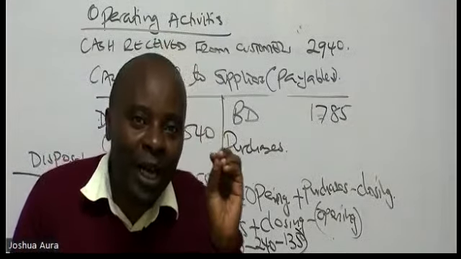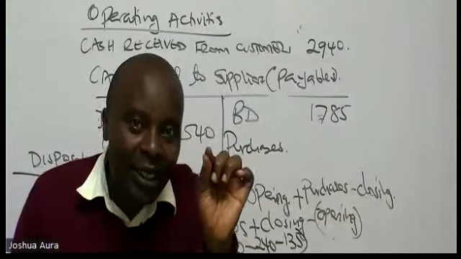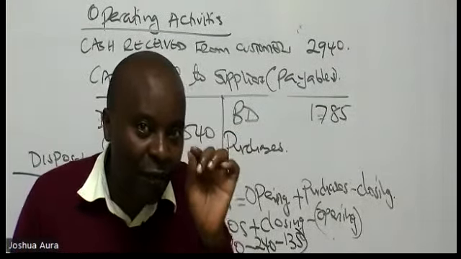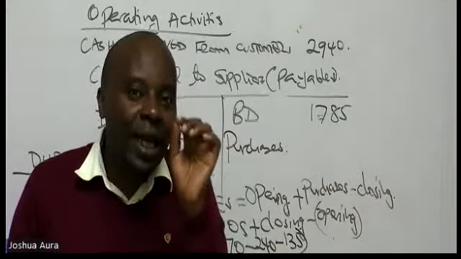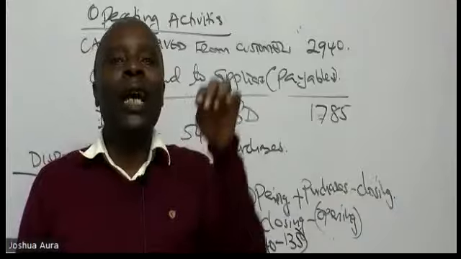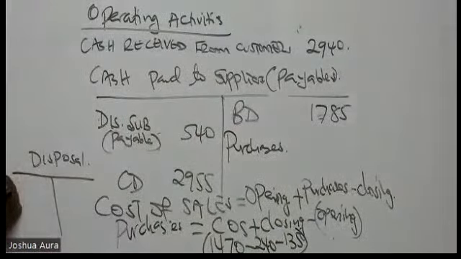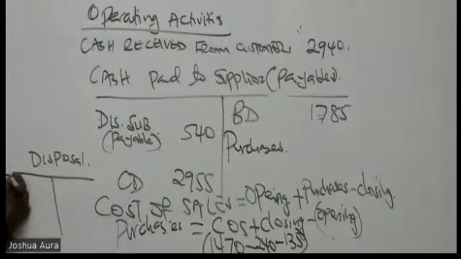You go to the PPE account and credit with the disposed asset's carrying value. And then this carrying value that you've removed from the PPE, you take it to the disposals account and debit there. So we have here PPE disposed, the carrying value is 885.